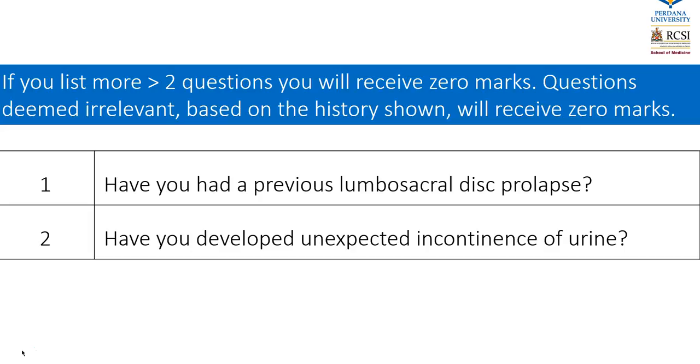So the first question you should ask is, have you had a previous lumbosacral disc prolapse? Because if he's had, then the likelihood that this is another is high probability. The other question you should ask is, have you developed unexpected incontinence of urine?